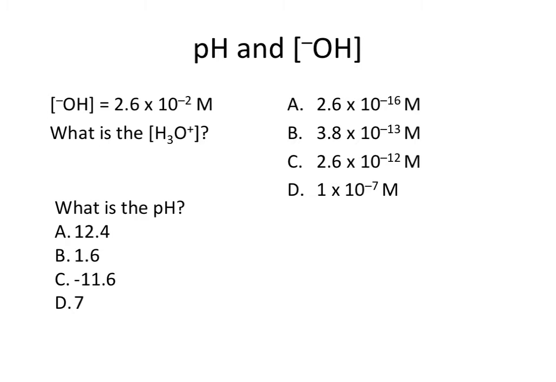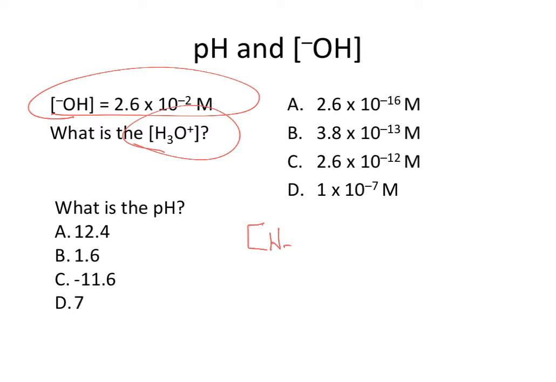All right, let's go the other way. You can see now that all these are pretty simple plug and chug, but do a bunch of them. Do a bunch of practice ones just to get the wheel greased in your head so that if you're on a quiz or a test, you're not struggling trying to remember. In this case, they're giving us hydroxide and asking us for hydronium.